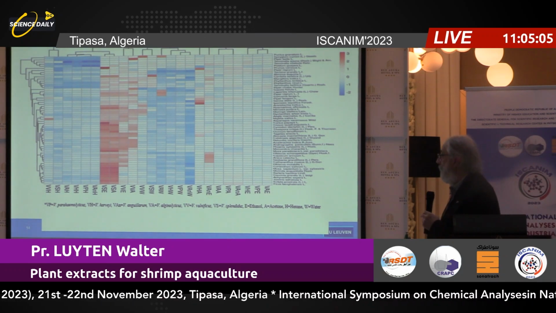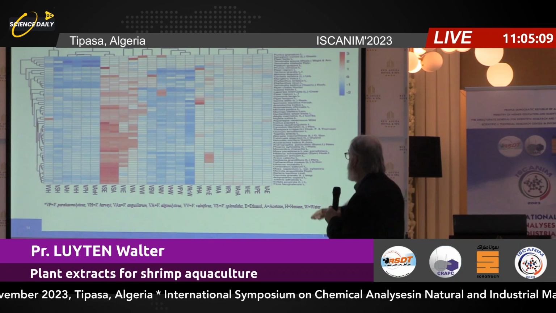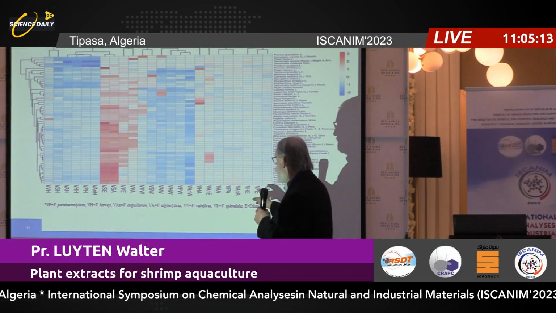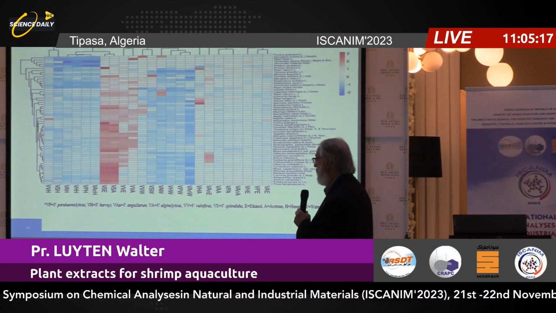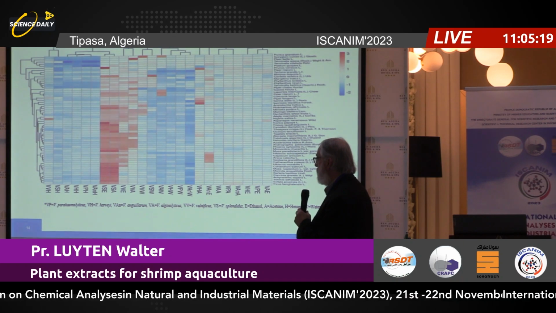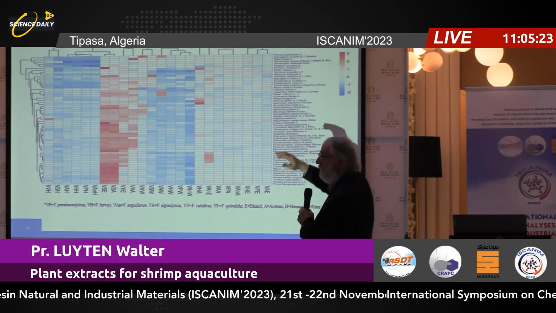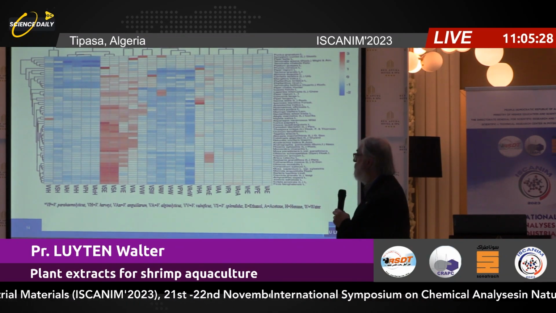Here is a so-called heat map of the results. So what you see here is all the plants that were tested, and in the other direction you see the extracts and the various Vibrio species that they were tested against. The color code is red means the extract was active, and blue means it was inactive.